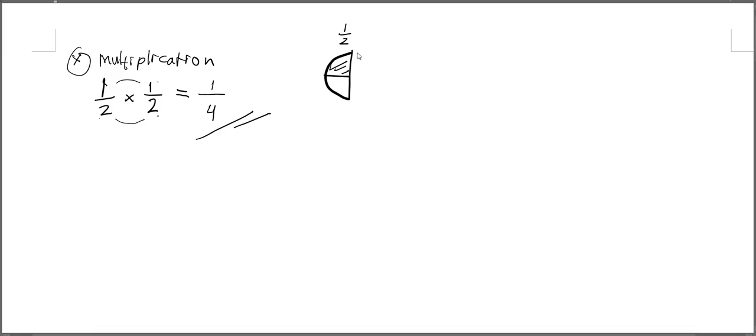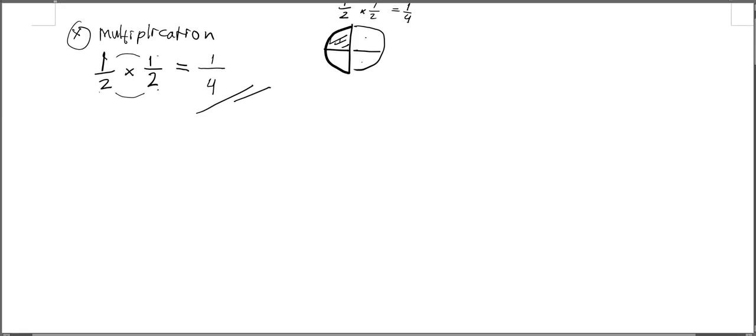So a half from a half equals a quarter, because if you draw the whole cake, it becomes like this. This one cake of four cake. One, two, three, four. Okay, I hope you understood.